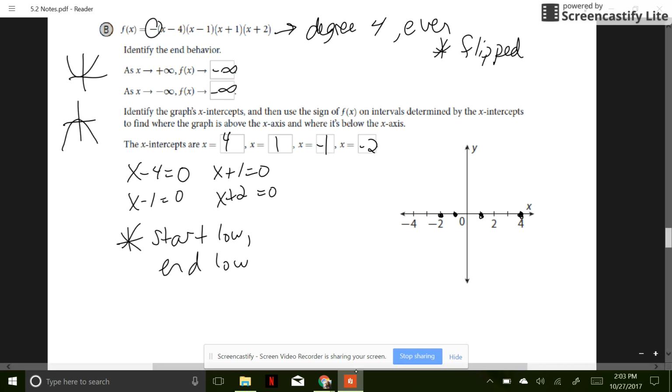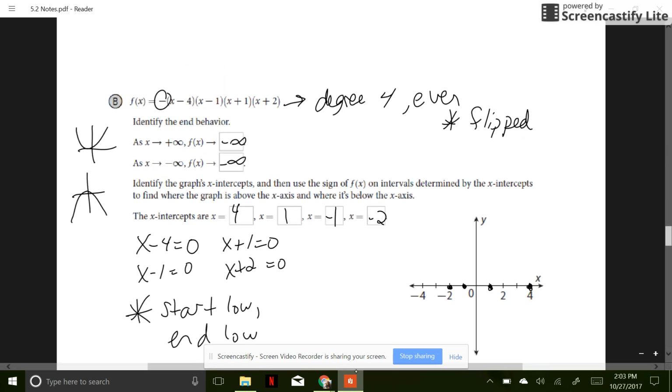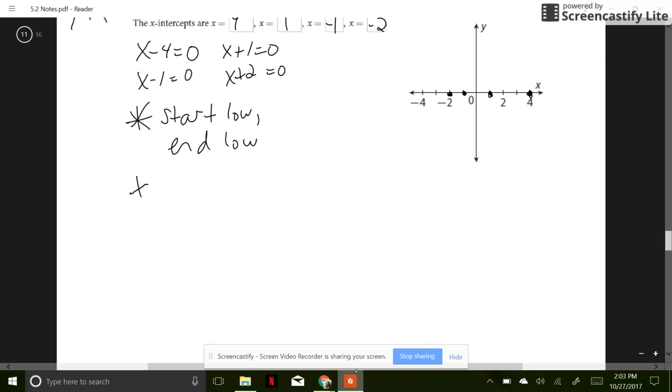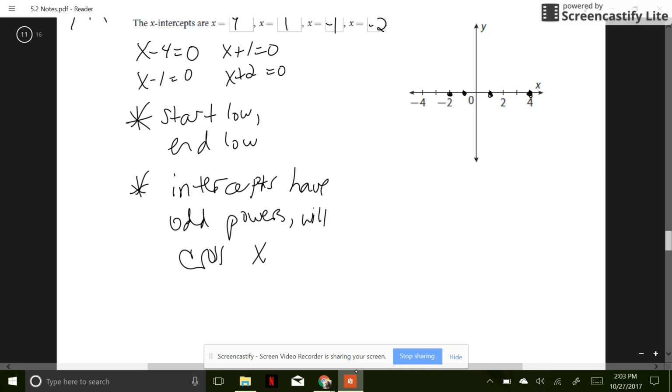All of these intercepts have a power of 1, which means they all have an odd power, which means they will cross. You're going to cross the x-axis.